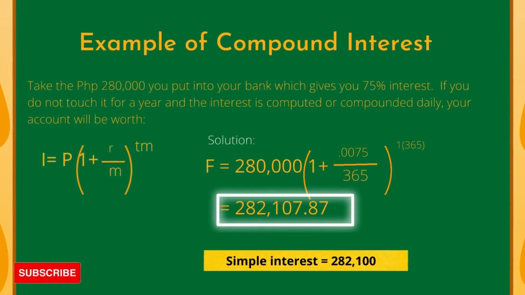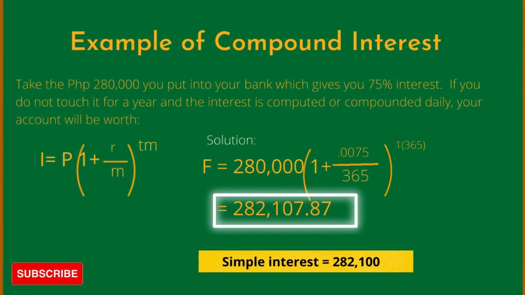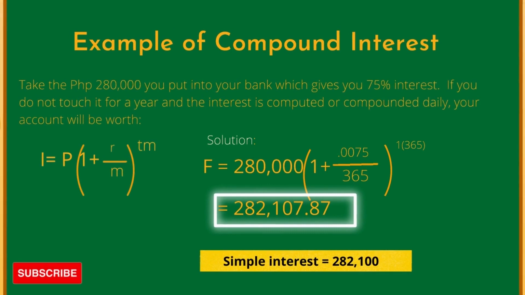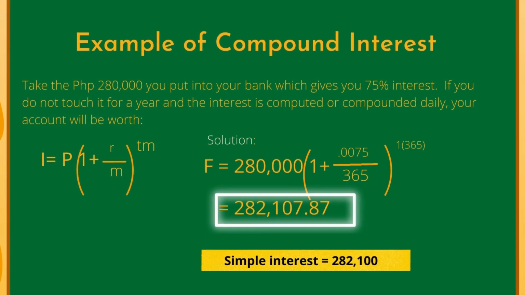Now let's take a look at this example. Take the 280,000 you put in your bank, which gives you 0.75% interest. If you do not touch it for a year and the interest is compounded daily, your account will be worth the amount below.